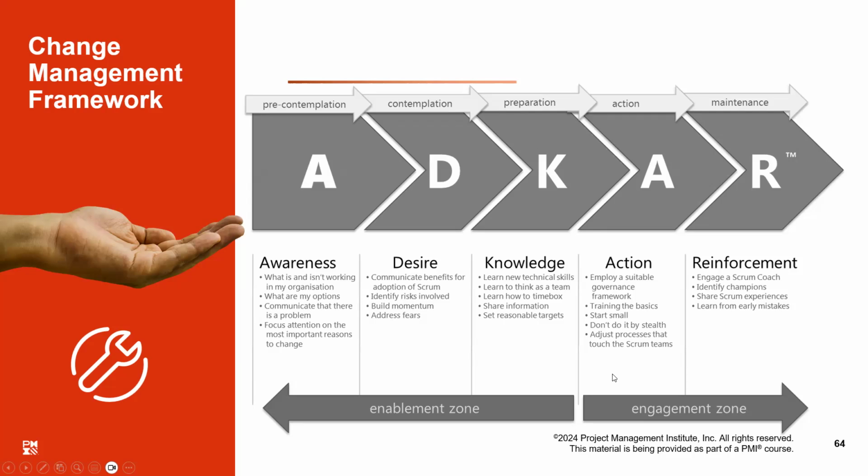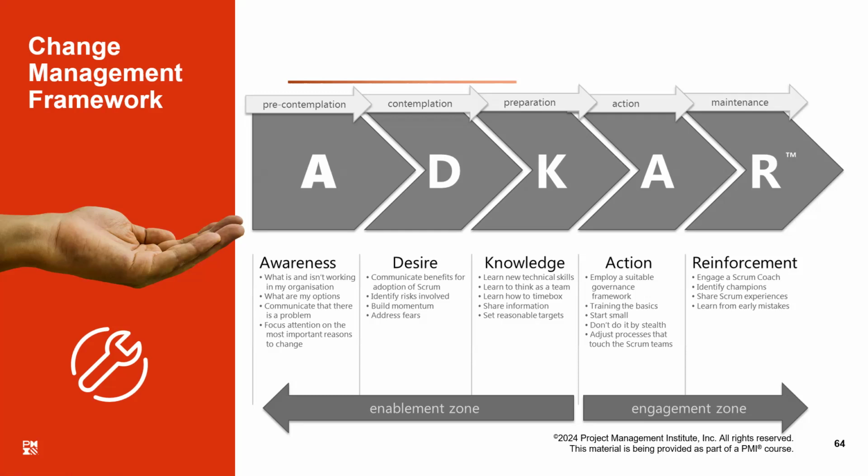And then comes the action. This is the action phase. Then is the reinforcement, which is the maintenance phase. As I said, we provide hyper care to them. We keep holding their hand until they are comfortable doing those things all by themselves.